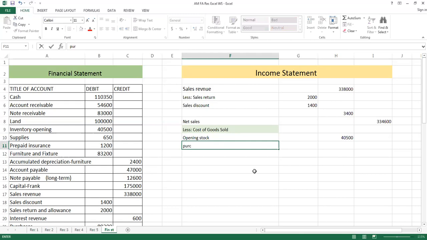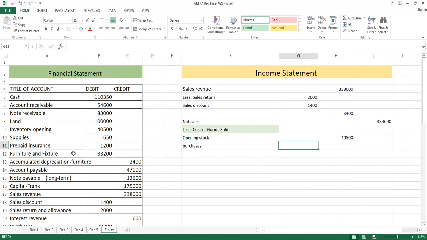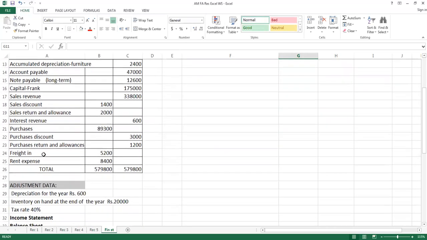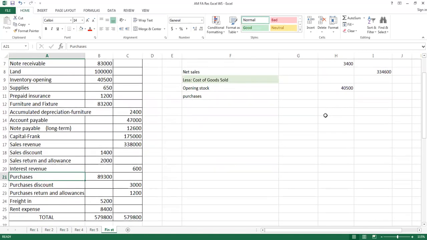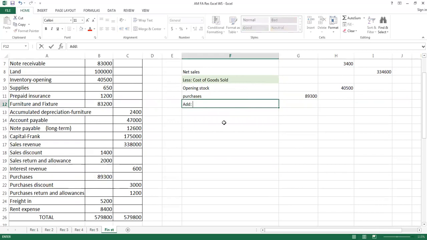Second, student, we need purchases. Purchases, we will search from the question. So this is purchases, 89,300. So we can take reference of this amount. In purchases, we add carriage or transportation.